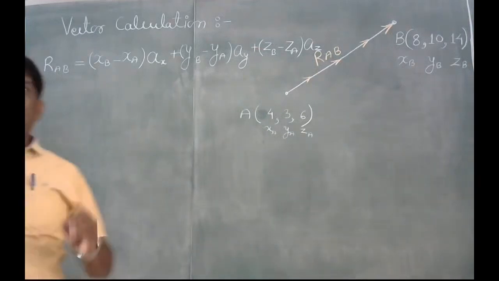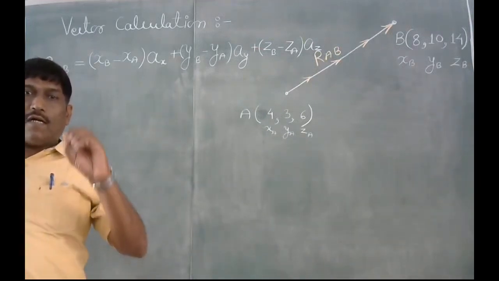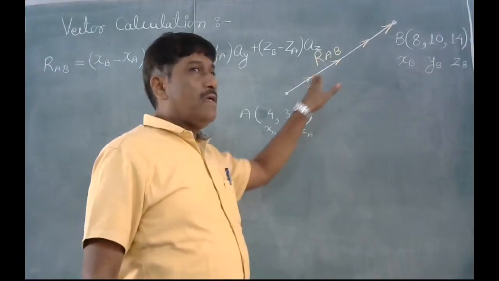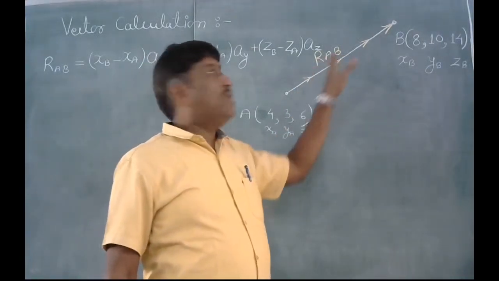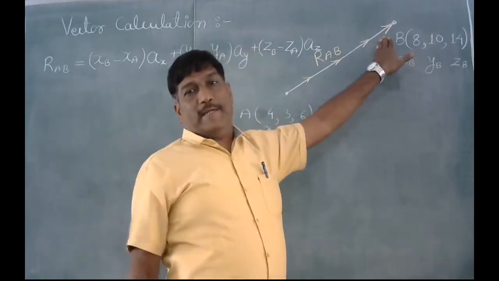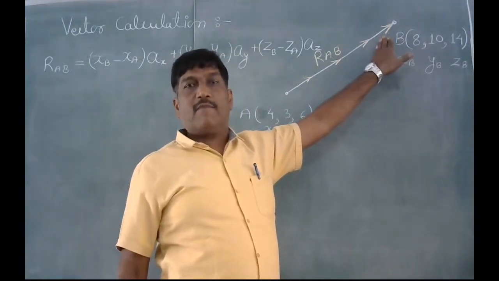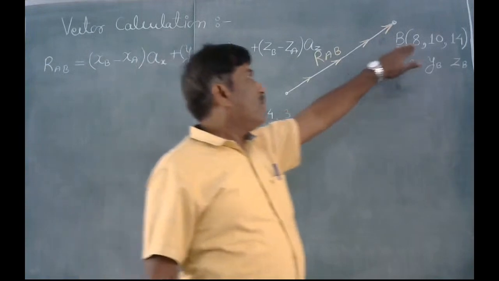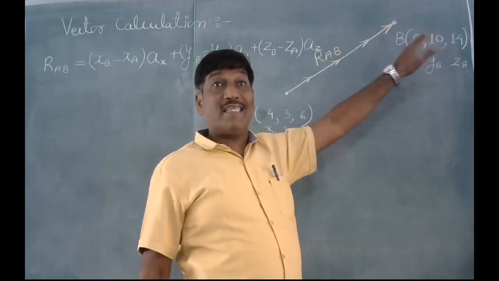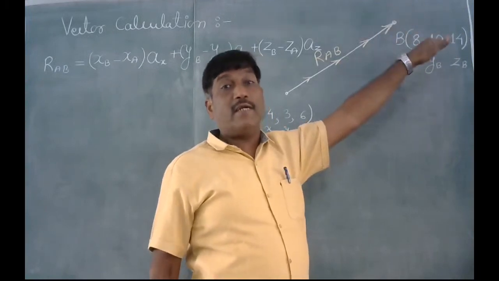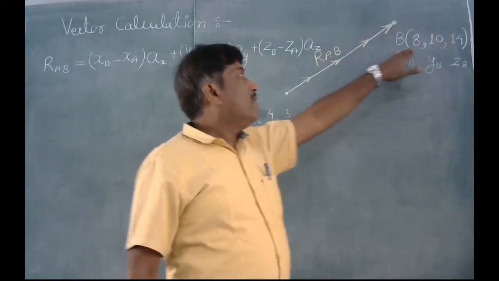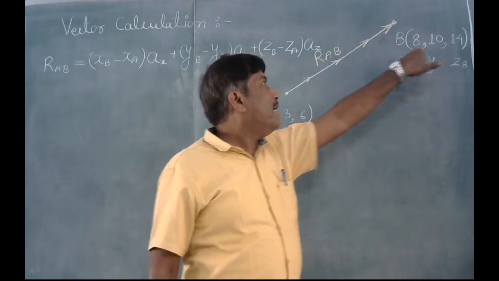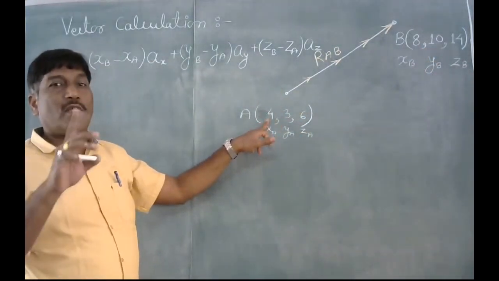For calculating the vector, the basic tool is that we first draw a line from the starting point to the point where the vector is to be pointed, which is our point of interest. For the x component, it will be 8 minus 4, that is 4 ax.